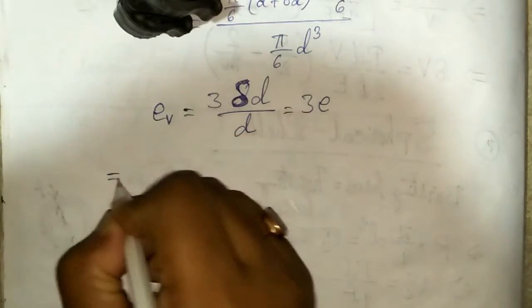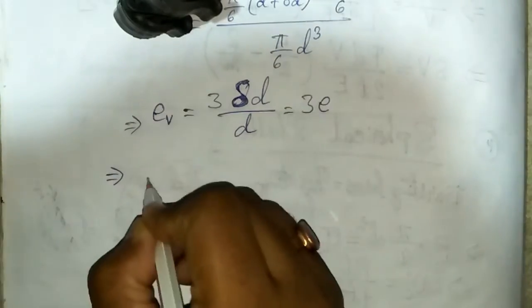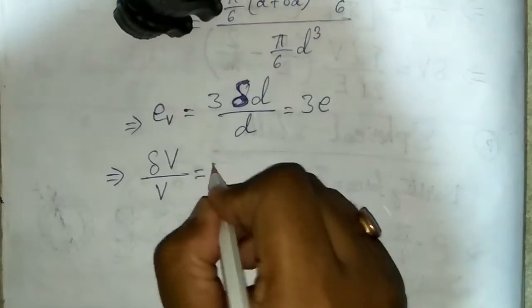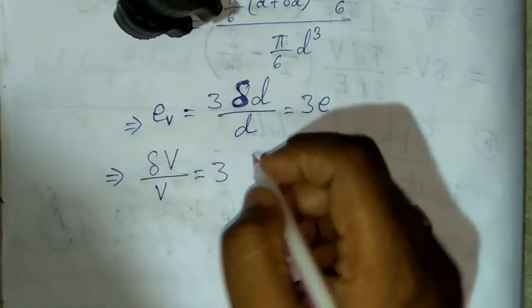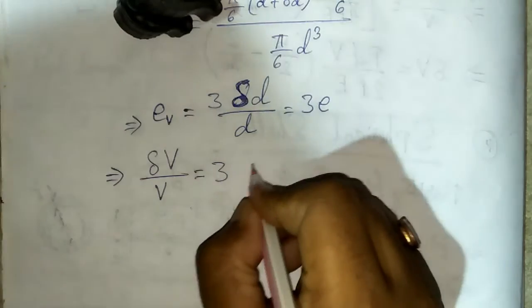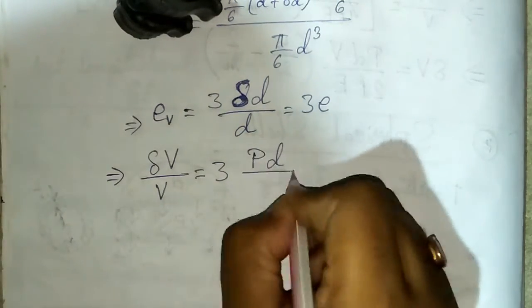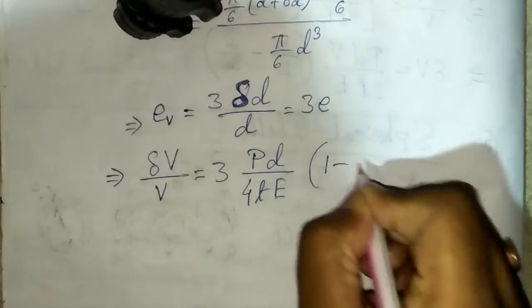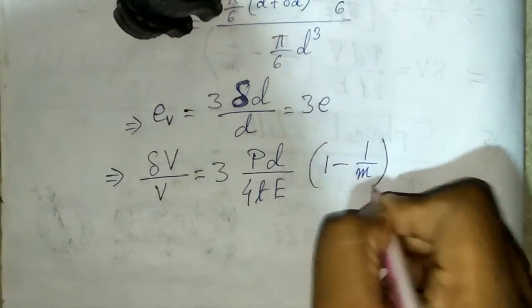From this expression we can write delta V by V equals 3 into the value of e, which is nothing but pd by 4tE into (1 minus 1 by m).